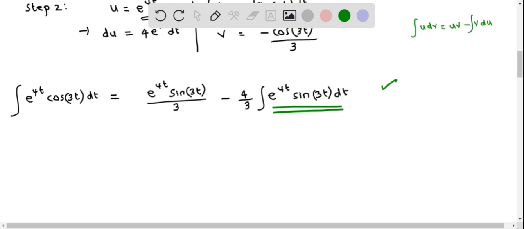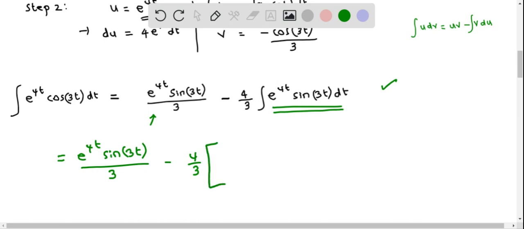So let's do that. I'm going to write this expression first, that is e raised to the power of 4t sine of 3t over 3 minus, this 4/3 is a common term. So I put this as 4/3 and I put a square bracket.